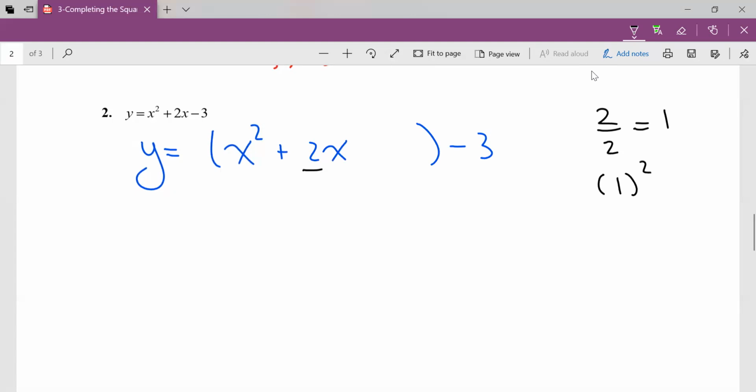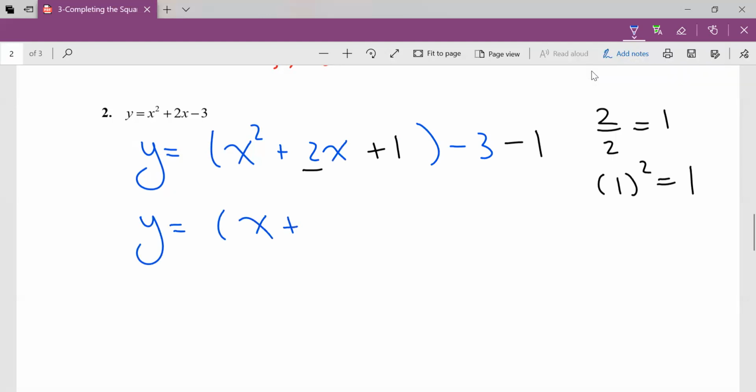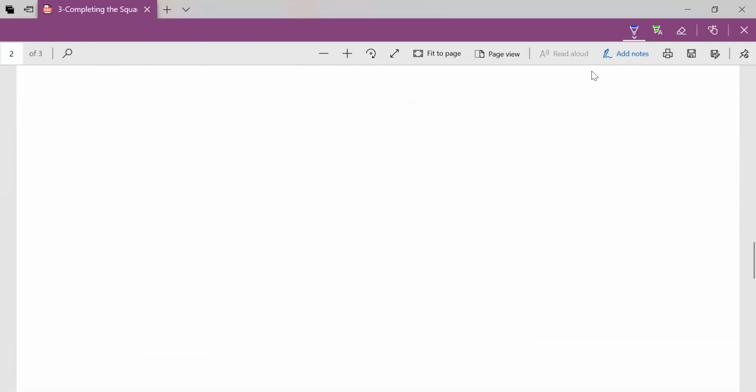And then I'm going to square that. That's 1, so the plus 1 goes right there. I added in 1, so I'm going to balance it by subtracting 1. And this is x plus 1 squared, a perfect square trinomial, minus 4. There it is, friends. That's how you complete the square without drawing a pretty picture. The pictures are pretty, so draw it anyway.